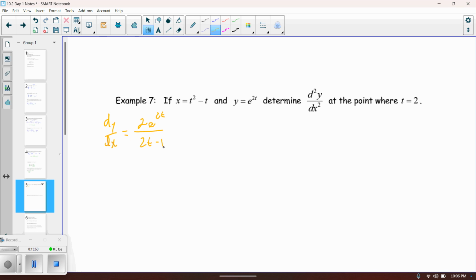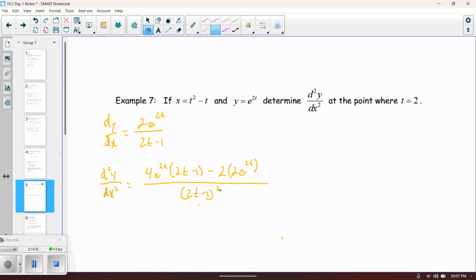Now we need to take the derivative of that to get the second derivative and divide it by another dx over dt. So we will get d squared y over dx squared. It's the derivative of what we just found. So now we will have to incorporate a quotient rule. The derivative of the top is going to be 4e to the 2t times the bottom, minus the derivative of the bottom, which is just 2, times the top, all over the denominator squared.